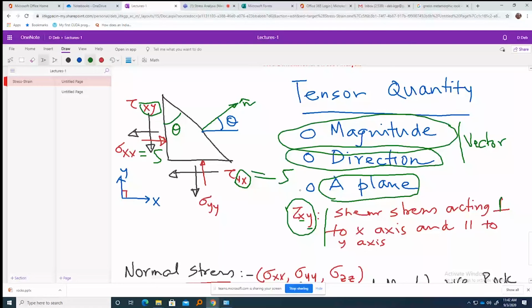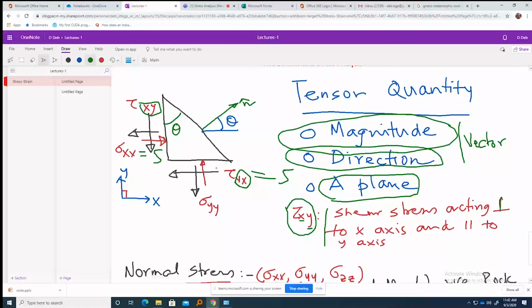Then how do I distinguish between these two? The distinguishing factor is the plane. This is acting on a plane which is parallel to the y-axis. This is acting on a plane which is parallel to the x-axis. So this is where it becomes a tensor quantity. And since this stress is associated with a plane, we will not be able to apply all the properties of a vector quantity.